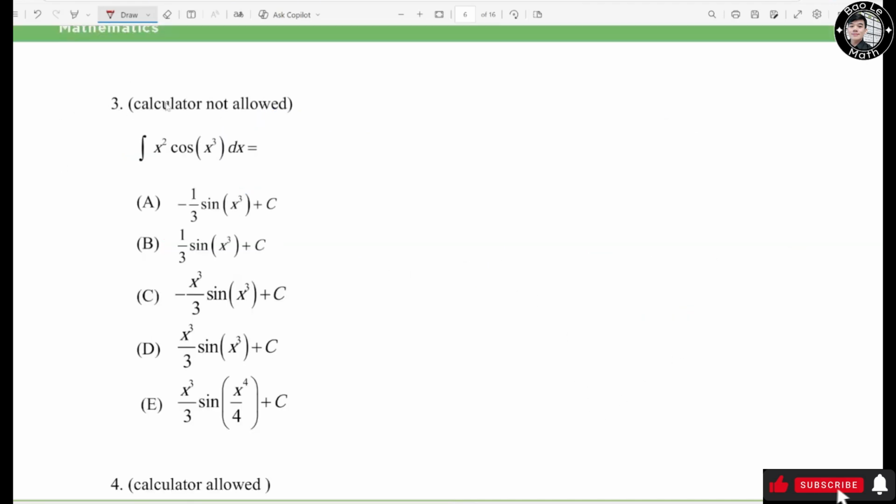Now question 3. We need to use u-substitution, right? So we're gonna let u be s cubed. Then du equals 3s squared ds, right? And then s squared ds equals 1 over 3 du, right?